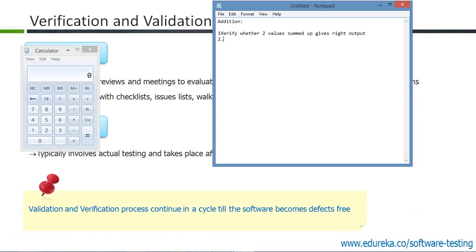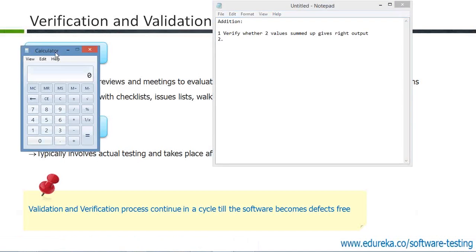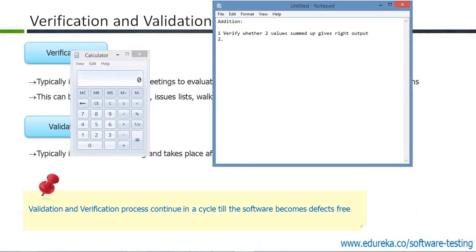Secondly, you can say, let's have this calculator. I'm saying enter first, click on 5, then click on 4.